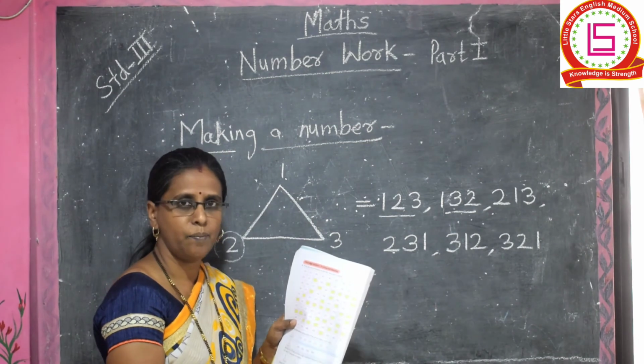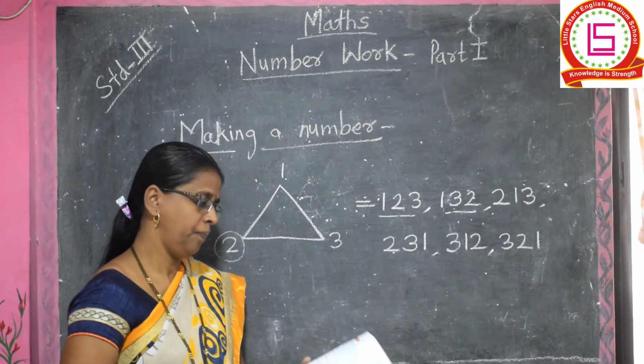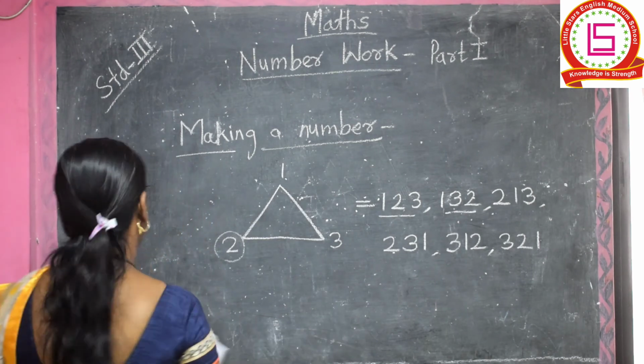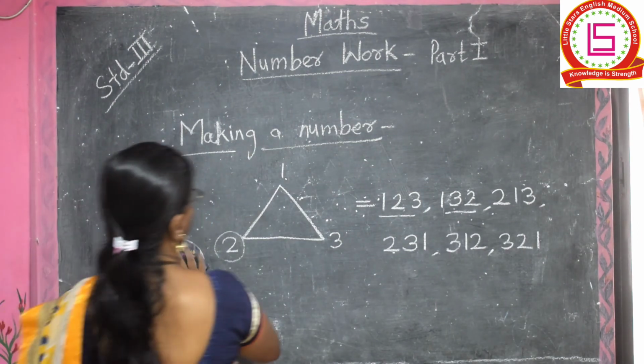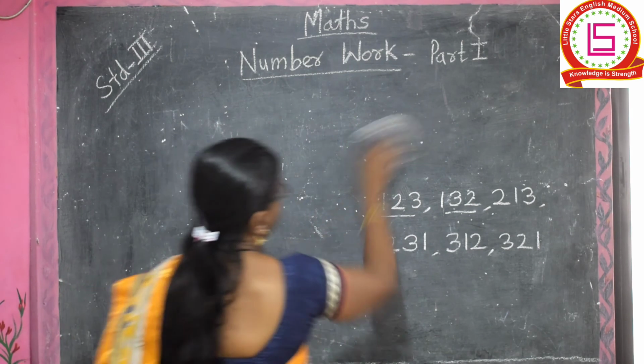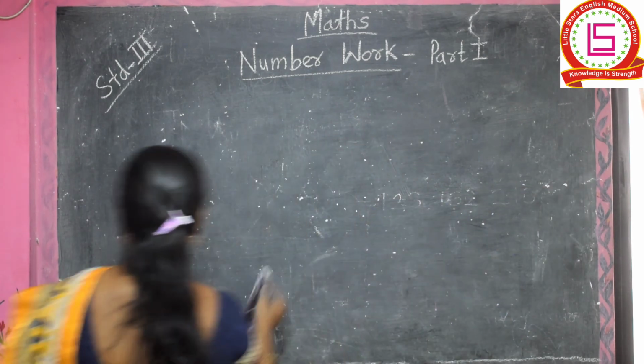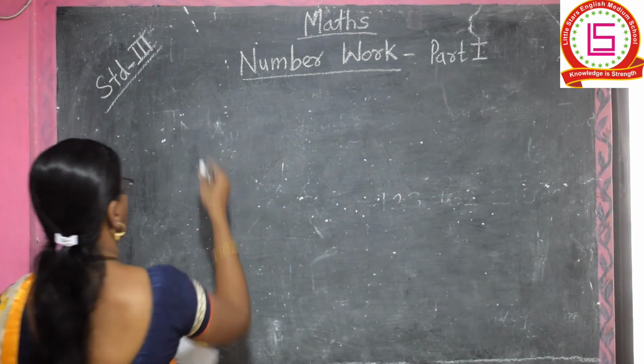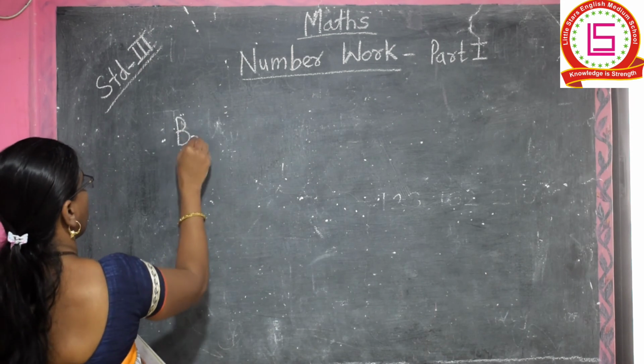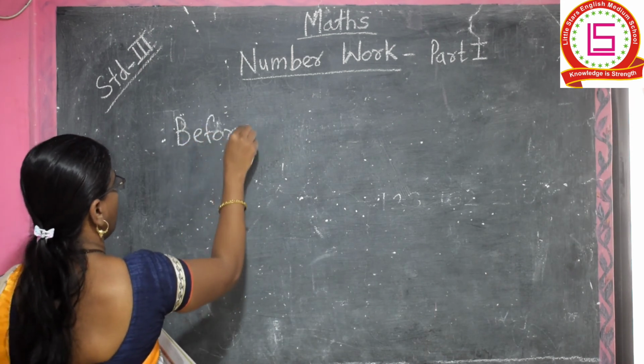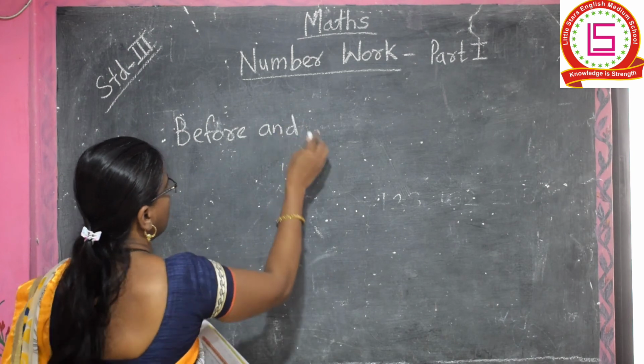You solve these examples, okay? Then the next point is before and after numbers.